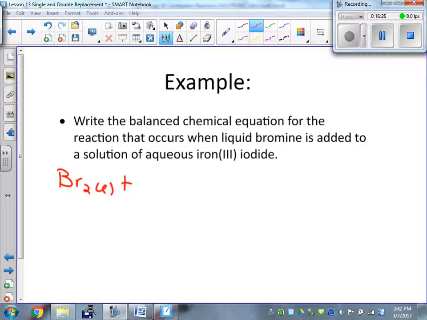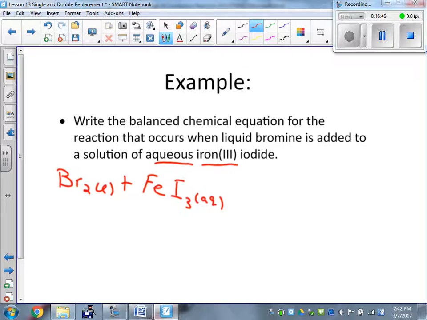Liquid bromine comes in twos, so Br2. And iron 3 plus, iodide is a 1 minus. Swap and drop. An aqueous solution of iron 3 iodide: 3 plus, 1 minus, swap and drop.